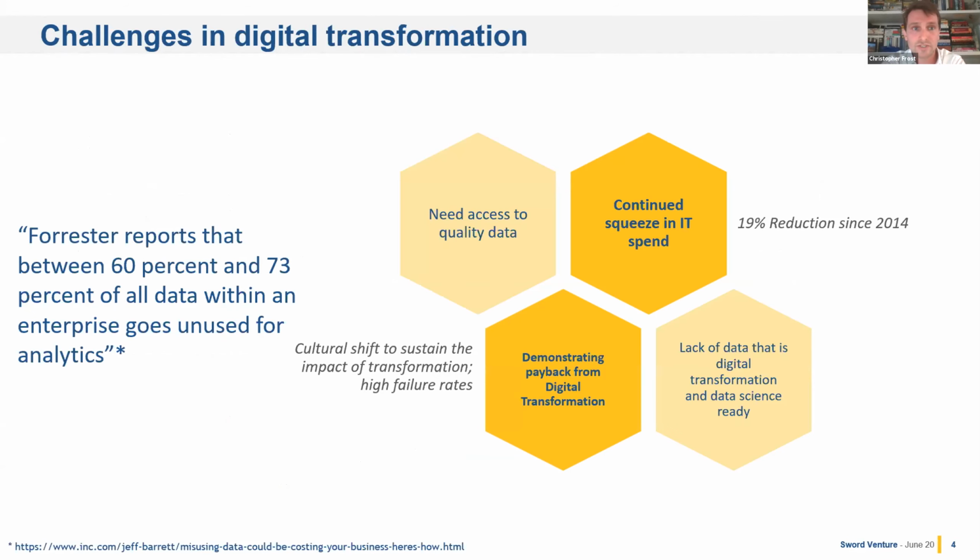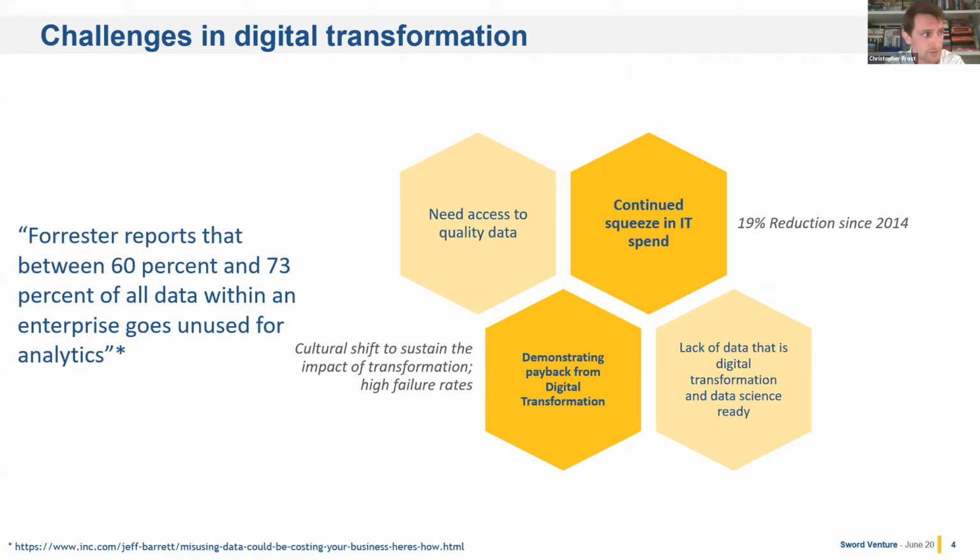We've seen a number of challenges in digital transformation through the work we were doing during and before the OGTC project. The need for access to quality data, especially when we're trying to do machine learning, or even when we're just trying to work with large data sets. Over the last few years, there's been a squeeze on IT spends in the industry due to the downturn and other factors. We need to demonstrate payback from digital transformation.